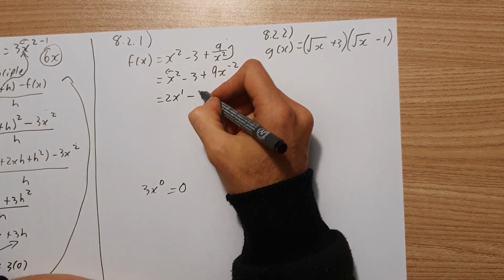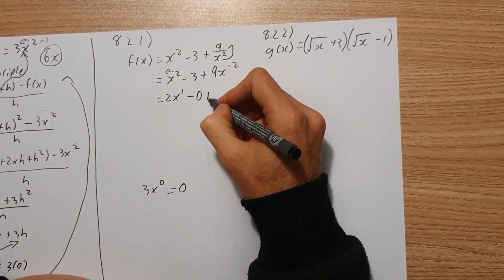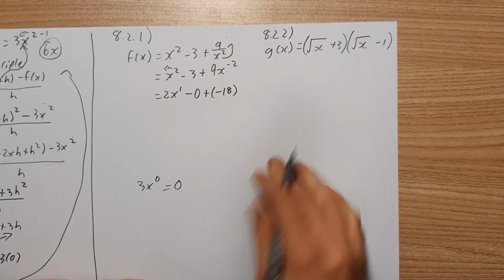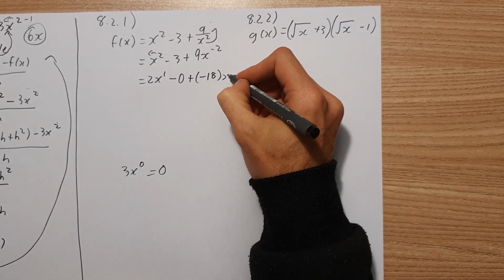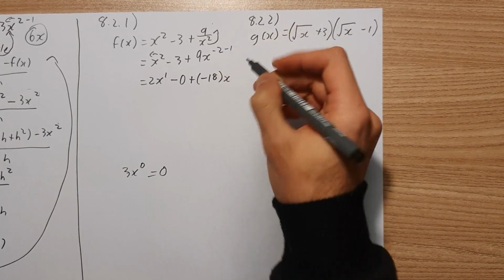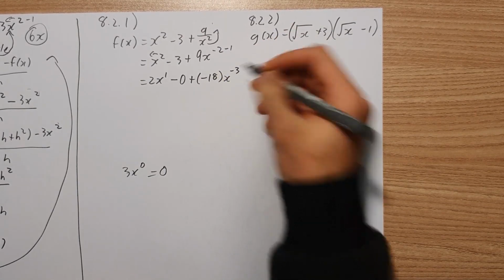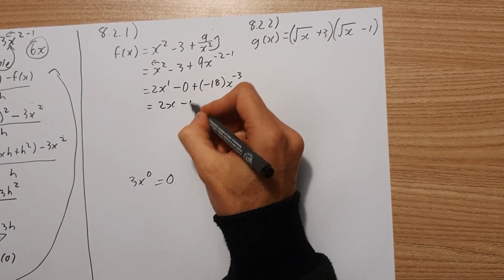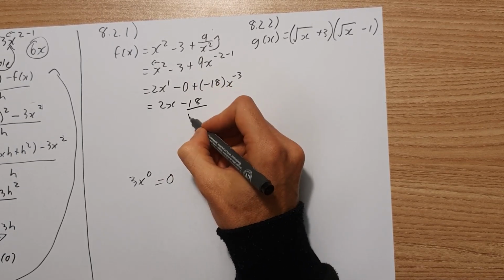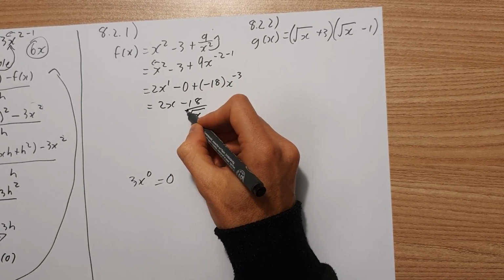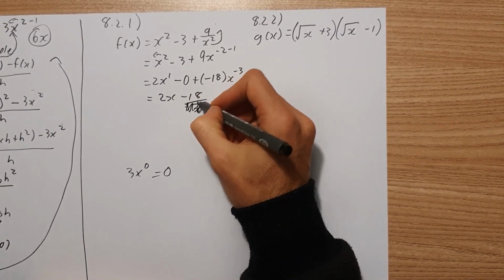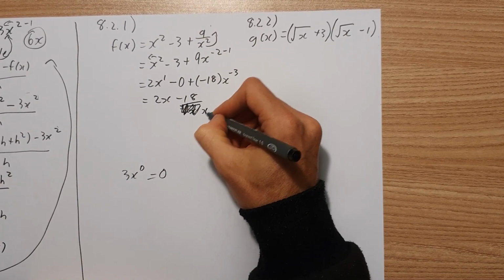So the constant becomes 0 plus, 9 times negative 2 is going to give you negative 18 x to the power of... now we need a minus 1 up here, so this becomes the power of negative 3. Okay, so this is then going to be 2x minus 18 all over x cubed. Not the cube root, my bad, all over x cubed.